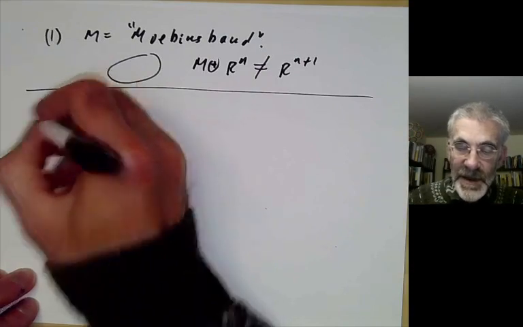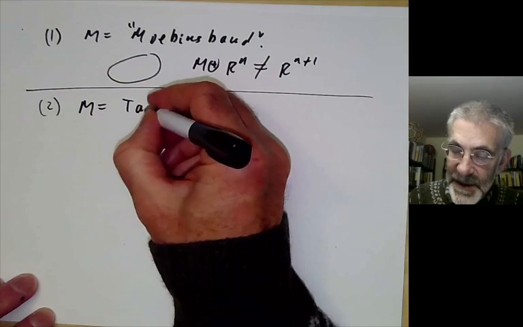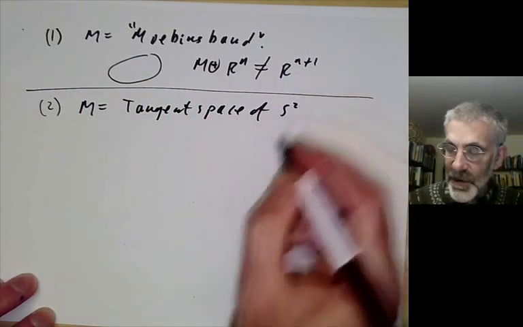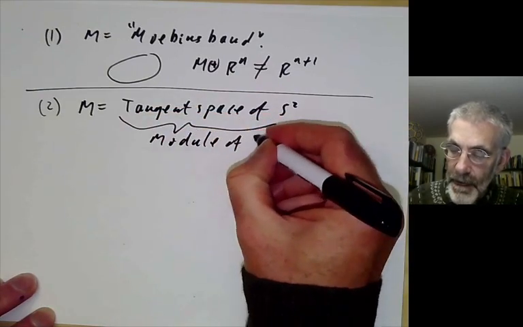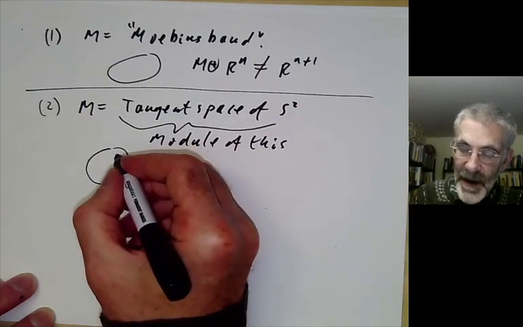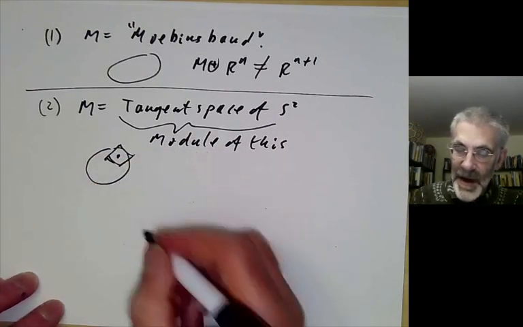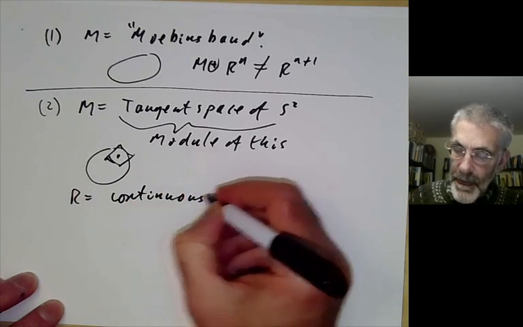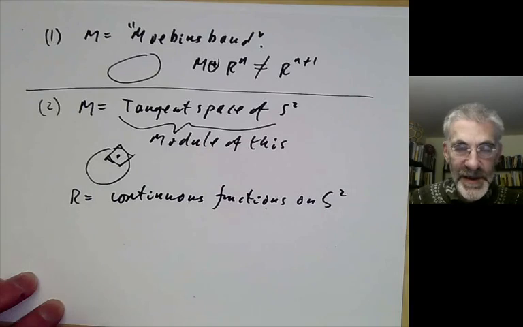And a non-trivial example where you can: let's take M to be the tangent space of S², or rather the module of this. S² is going to be a two-dimensional sphere, and at each point we can draw a little two-dimensional tangent space. Our ring R is going to be continuous functions on the sphere S².